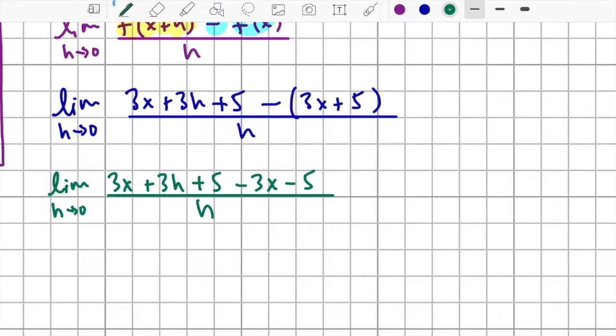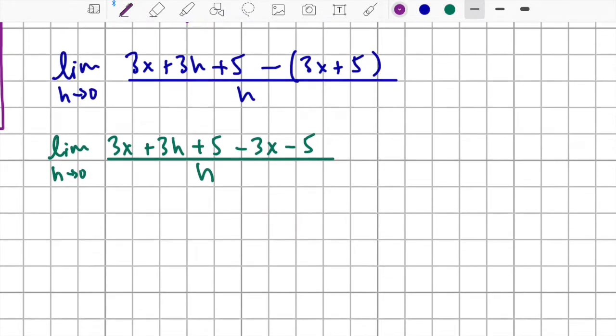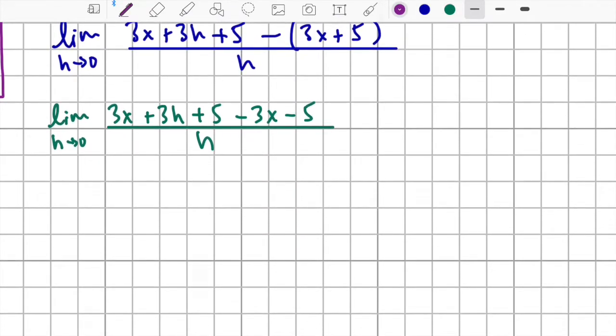divided by h. Now we haven't done the limit yet. We need to simplify it as much as we can before we take the limit. So again, limit as h approaches 0. Notice that the 3x minus 3x, they cancel out. Positive 5, negative 5, they cancel out.